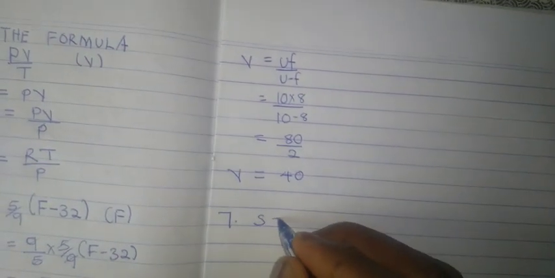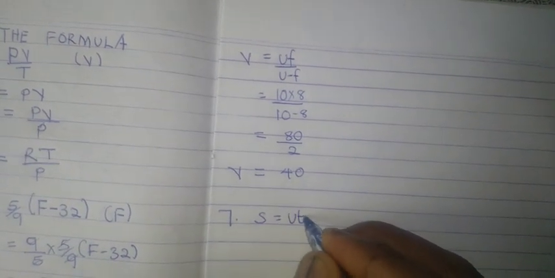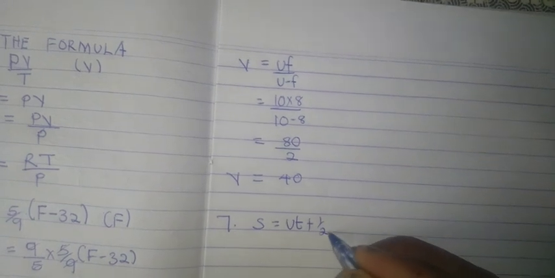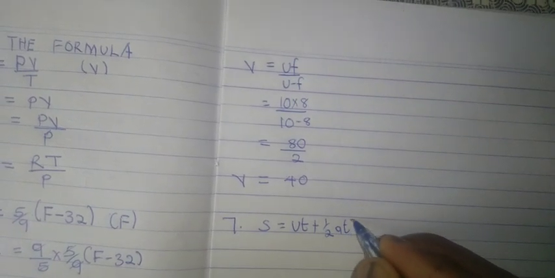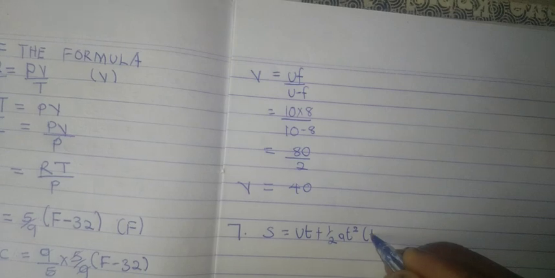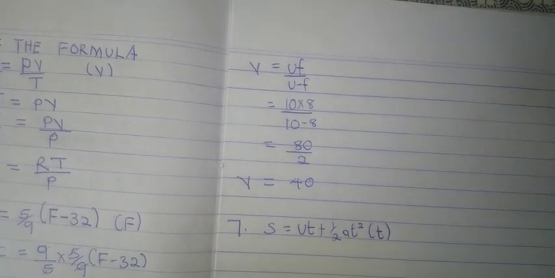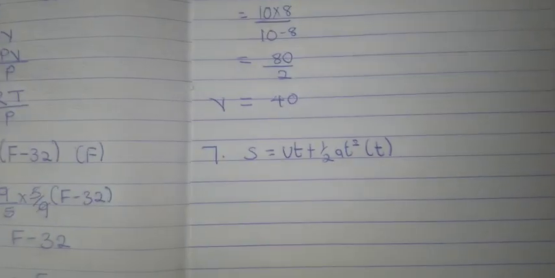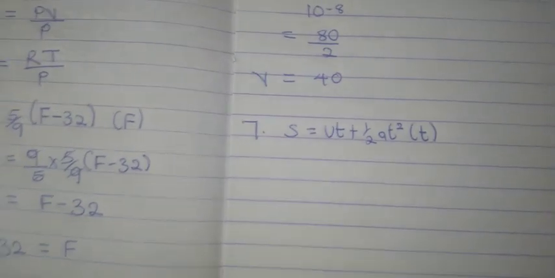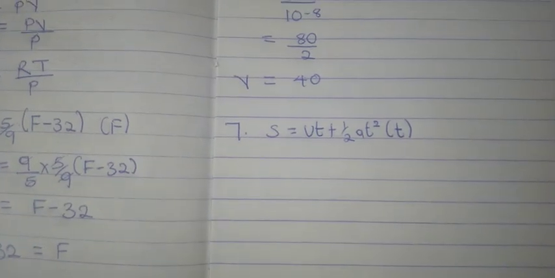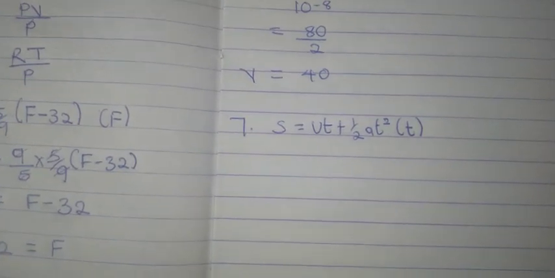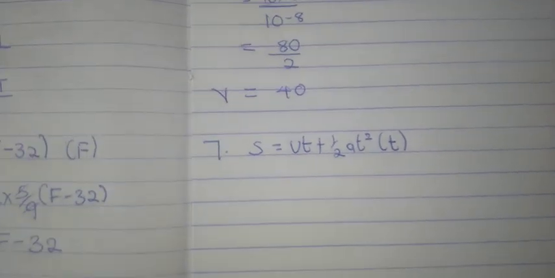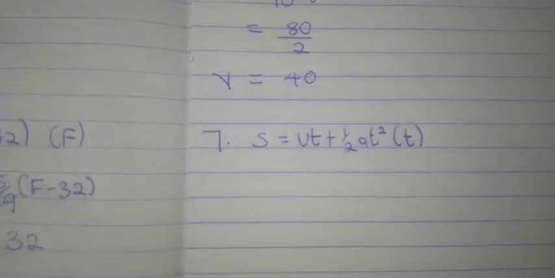Given that s equals ut plus a half at squared, here they want us to make t the subject of the formula. Take note, there is one t which has degree 2.